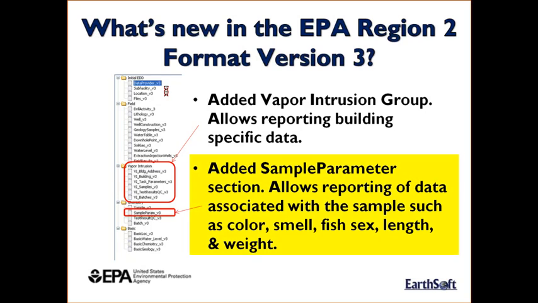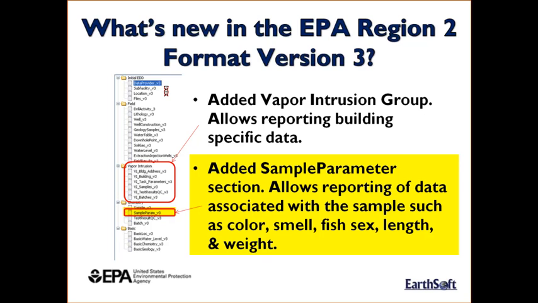The section below that, sample parameter, is a new section added into the chemistry group that will allow you to track information such as fish sex, length, and weight, just metadata about the sample.